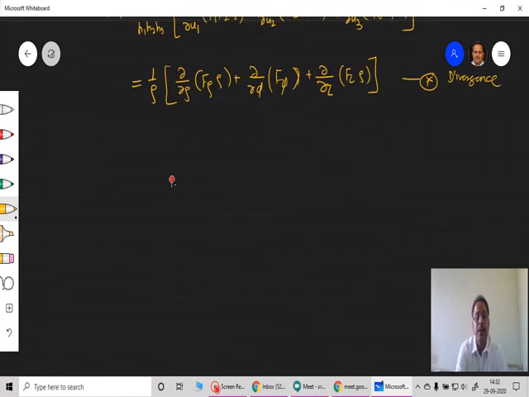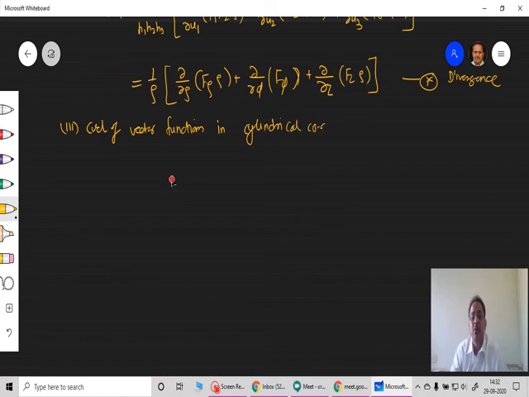Next I can go for curl, the third element: curl of a vector function in cylindrical coordinates.